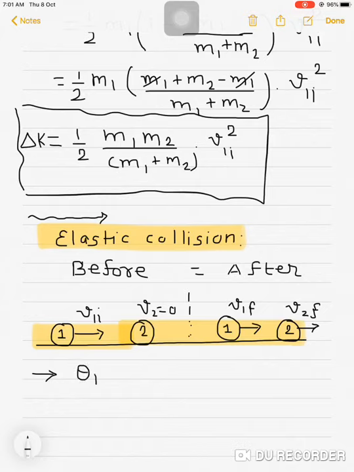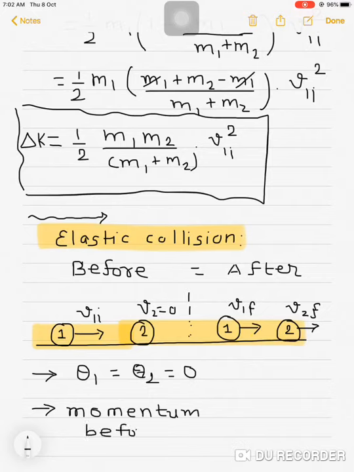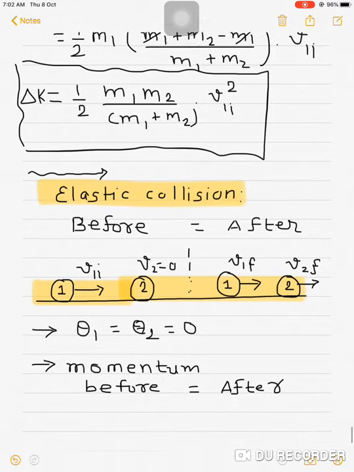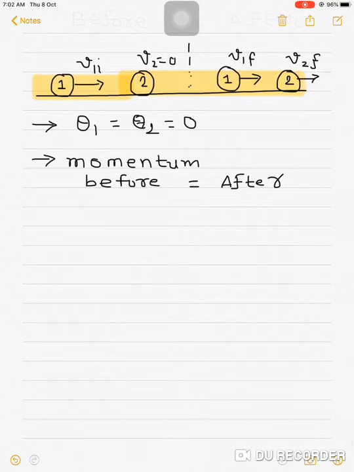If we take theta 1 and theta 2 to be 0, then the momentum before collision will equal the momentum after collision. So the momentum remains the same before and after collision.